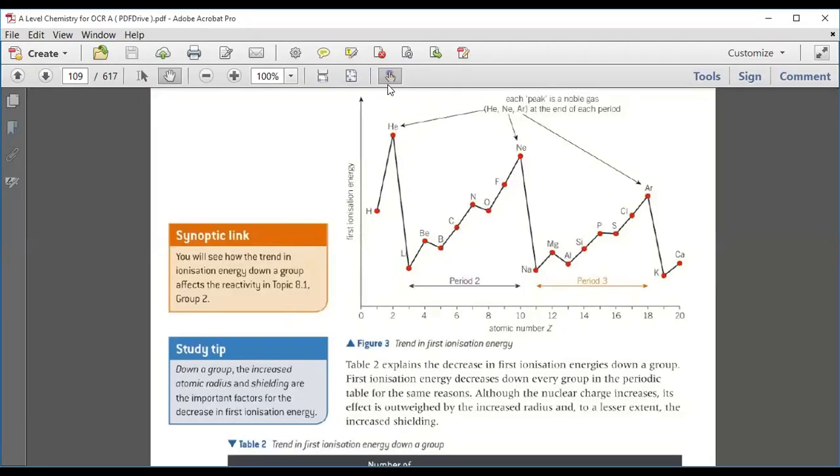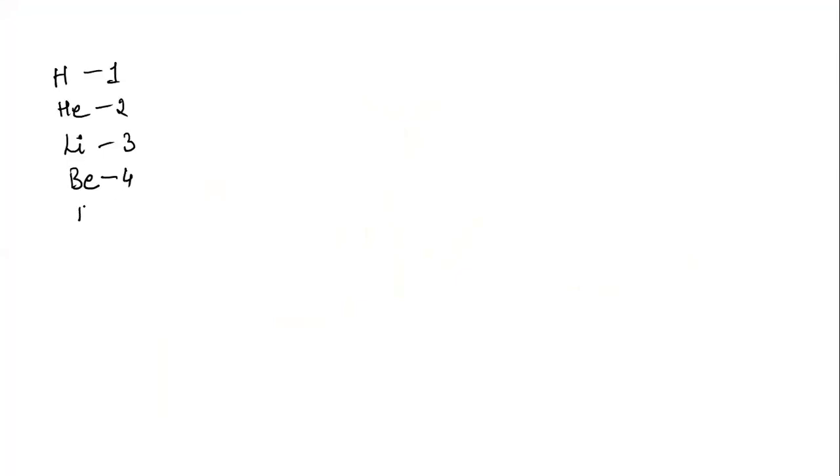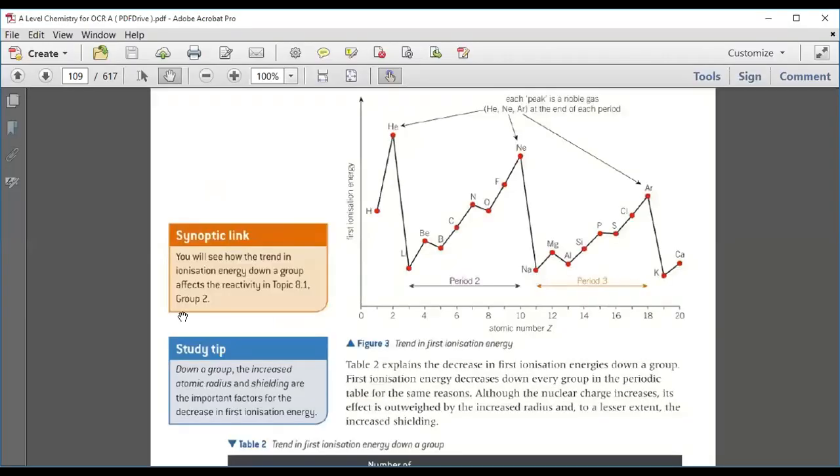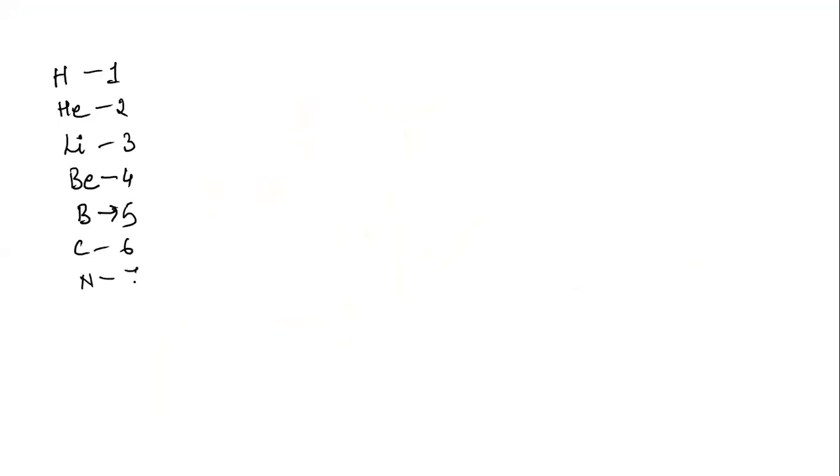So this is hydrogen, then helium, lithium, beryllium, boron, carbon, nitrogen, oxygen, fluorine, and then after fluorine, neon, then sodium, magnesium.